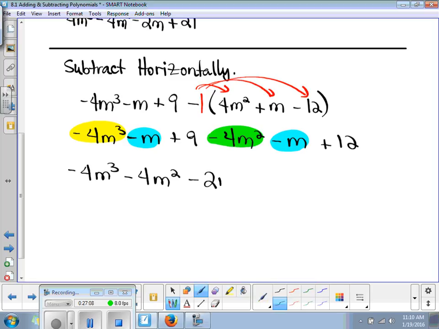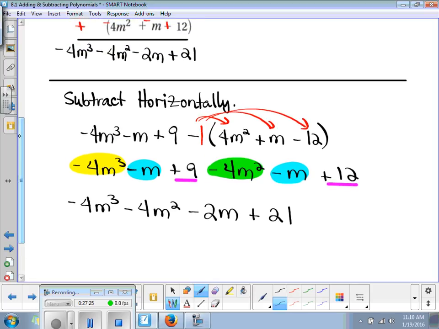There's my negative 2m. And then I've got the 9 and the 12. And here we have a plus 21. Does everybody see? We get the same thing. You got it? So you can do it either way, unless they say add or subtract horizontally or vertically. Okay?